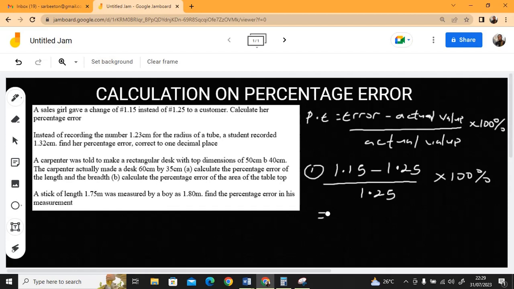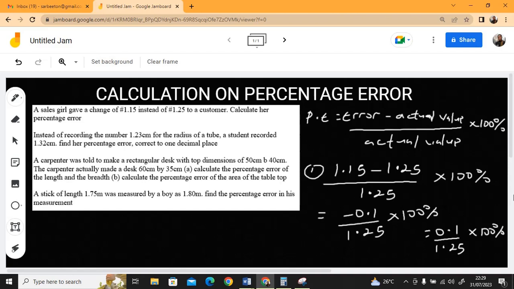So when we look at the solution, let me use my calculator here so you can do it. 1.15 minus 1.25 gives us minus 0.1. I told you to ignore the minus, so when you find the absolute value of that, removing the minus, you have 0.1 over 1.25 times 100%.